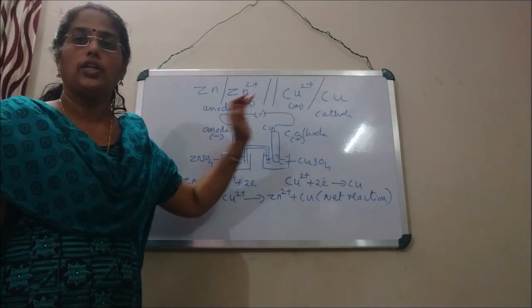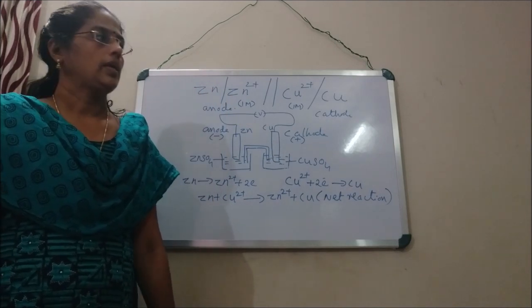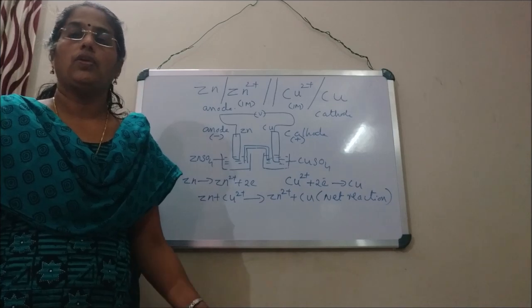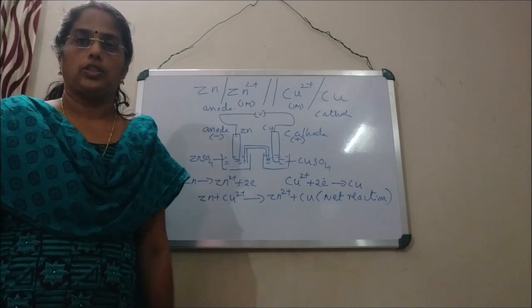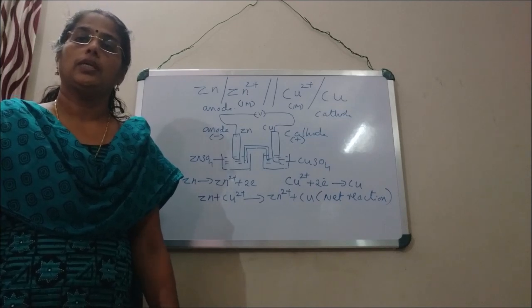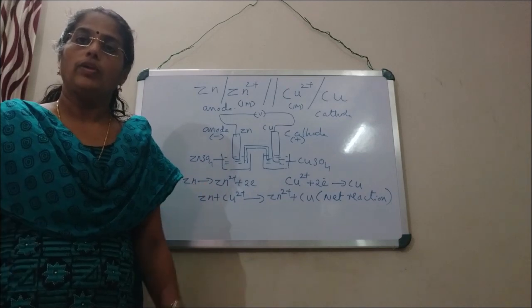Copper has reduction potential. According to the IUPAC system, the reduction potential is considered as the electrode potential. So if we just say electrode potential, it means reduction potential, the potential that is developed by the gaining of electrons.